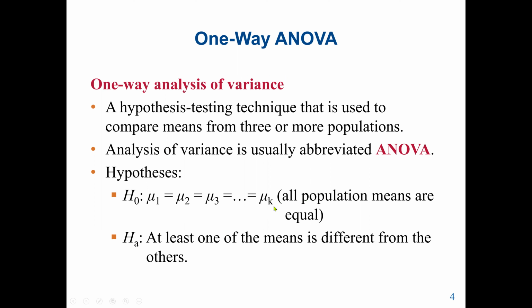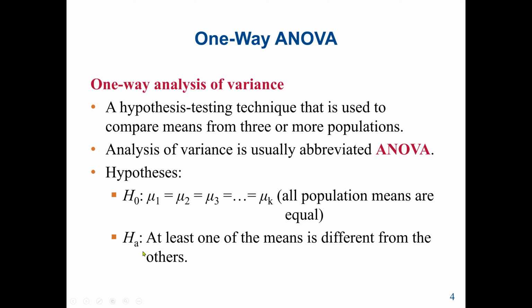So K tells us the number of populations we are testing. Then over here, we are saying that all the population means are equal. So if I test, for example, three populations, and I say population mean 1, population mean 2 and population mean 3 are equal, then my HA will go against it.